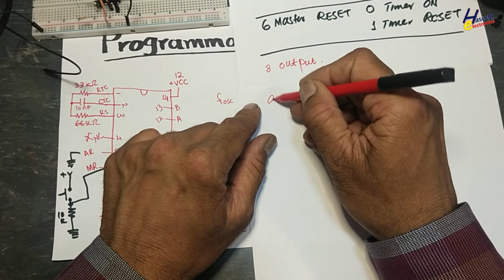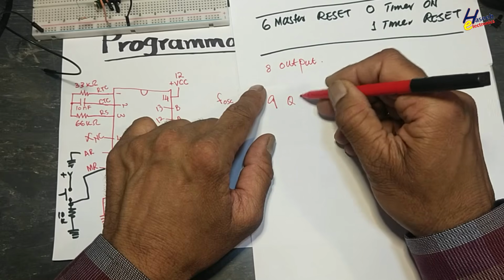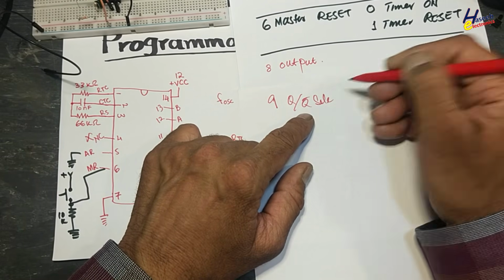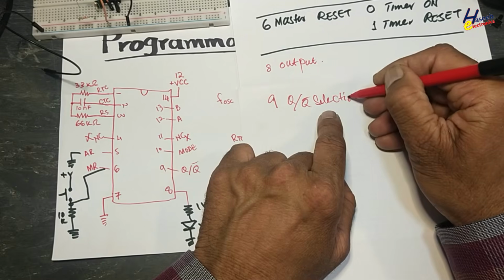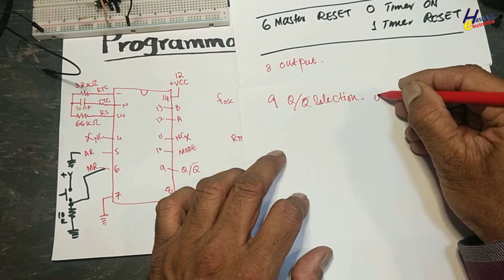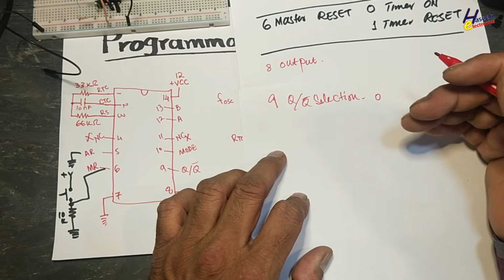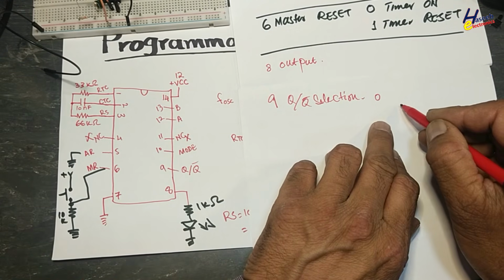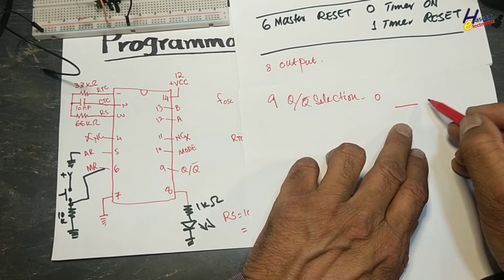Pin number 9, that is output selection, Q and Q bar selection. If pin number 9 is connected to the low side, at logic low, its output will be normally low.